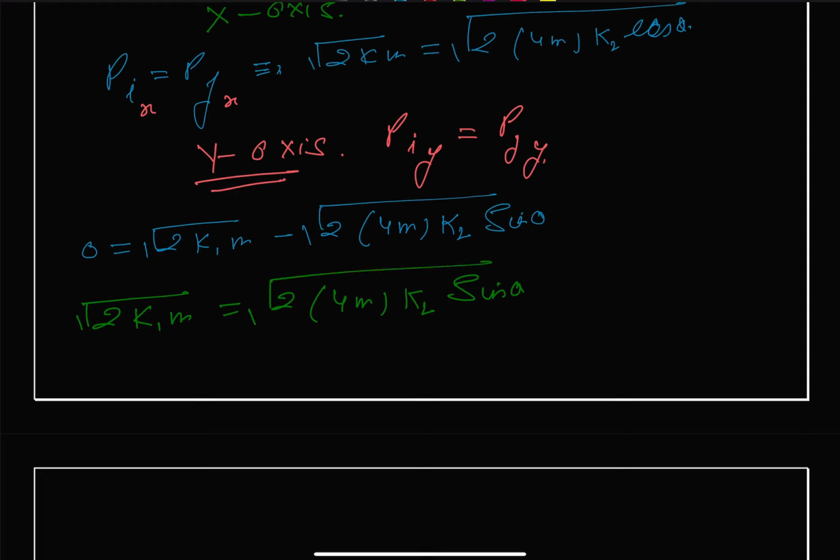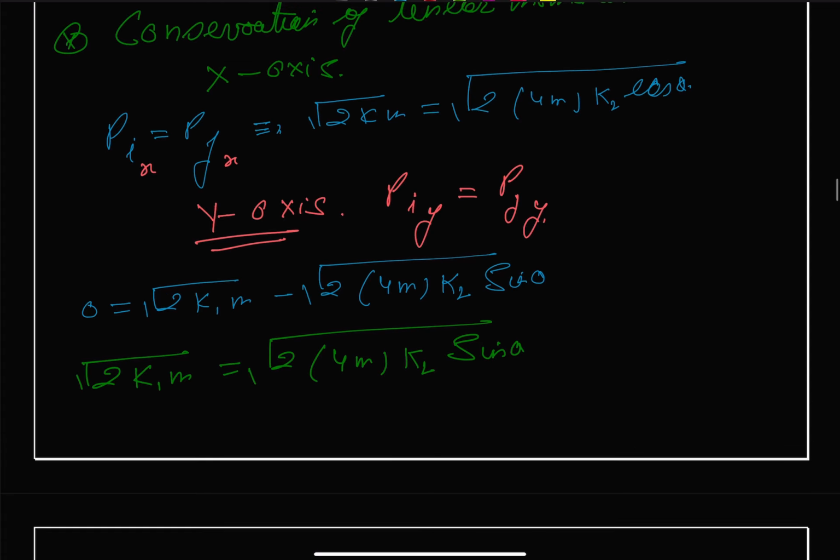Let us call this equation number 1 and equation number 2. So we square and add equations 1 and 2.